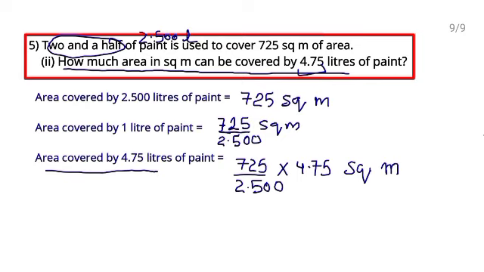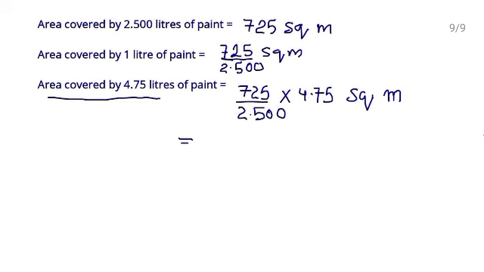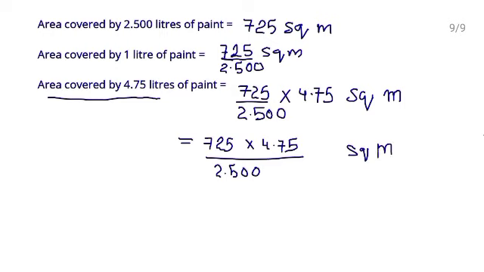Now simply solve it. This is 725 multiply 4.75 divided by 2.500 square meters. Remove decimal, put 100 in denominator. Remove decimal, put 1000 in numerator.